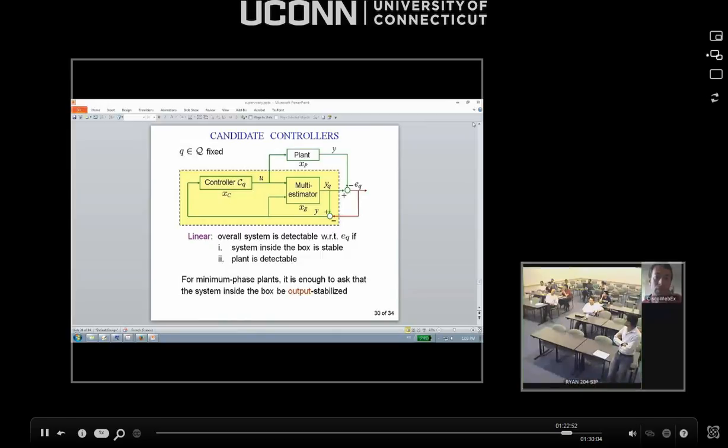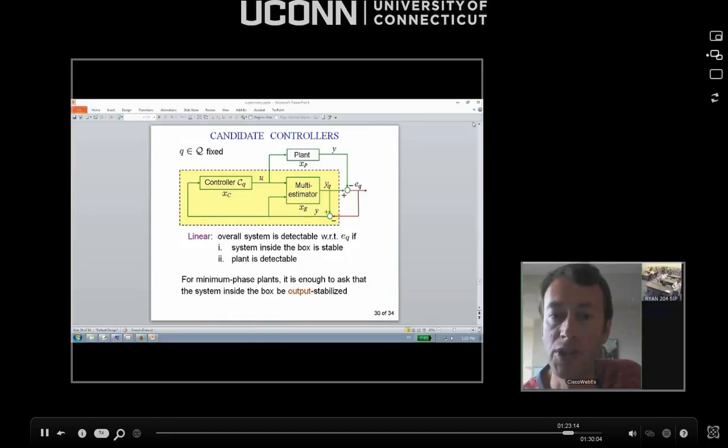So you need to have designed your controllers for those things beforehand, or how does it work? Suppose I start having faults in my plant, right? Or in the sensors. What do I do? Typically, I would take the controllers as given a priori.